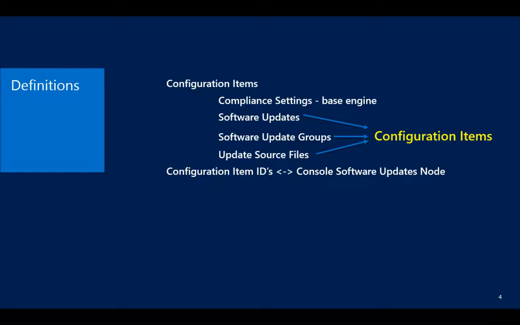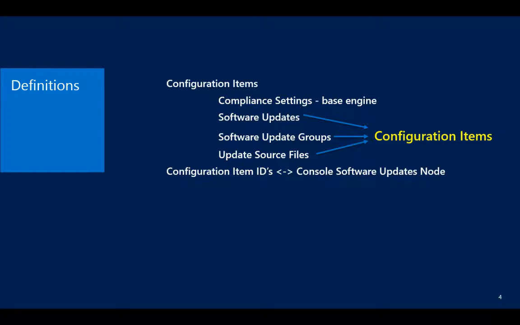In order to validate content, we have to know what the content should be. So we store those details in the database in the configuration items tables so that we can reference them whenever we're doing the validation of our DPs. And there's some other things too, but at least that's one.